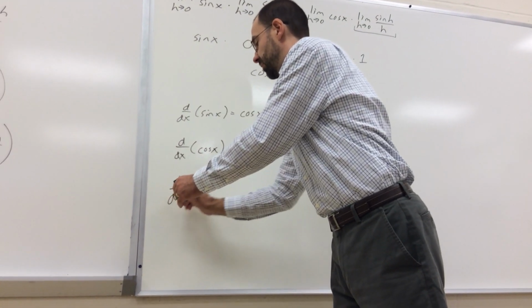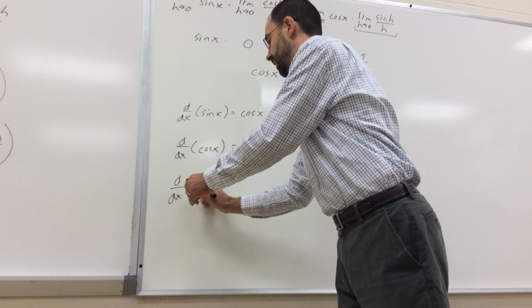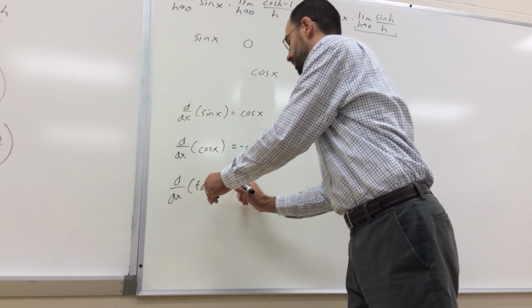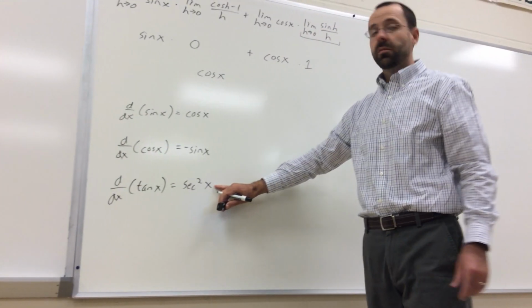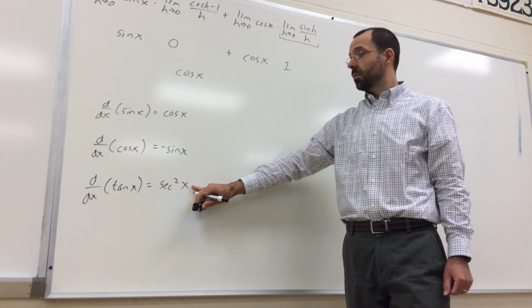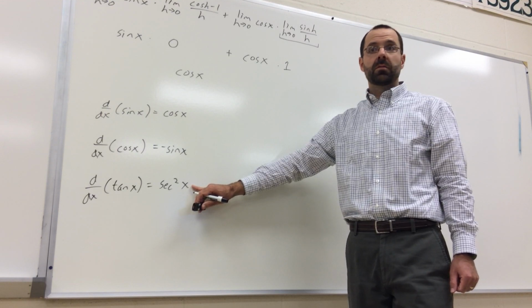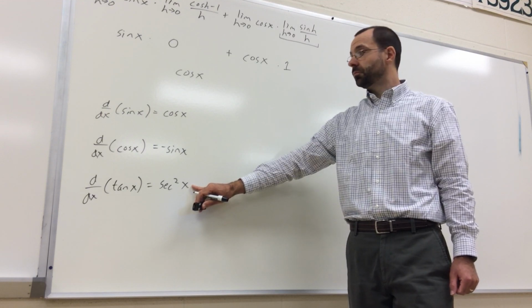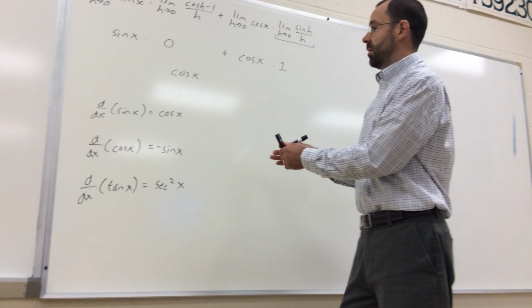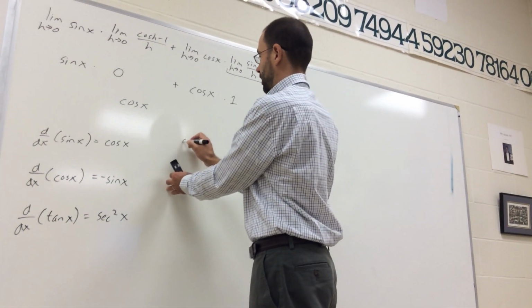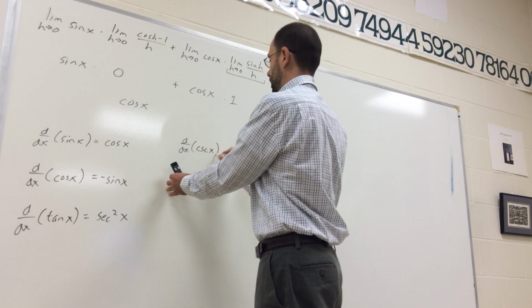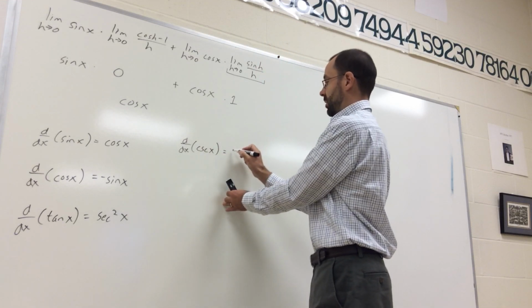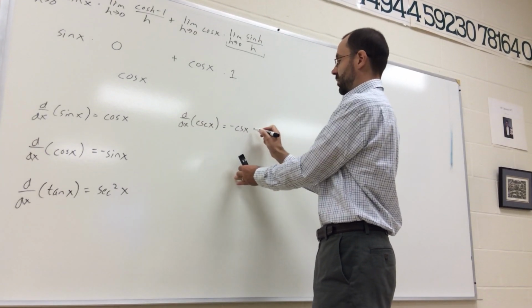Then the derivative of tangent is secant squared. Then the derivative of cosecant is negative cosecant times cotangent.